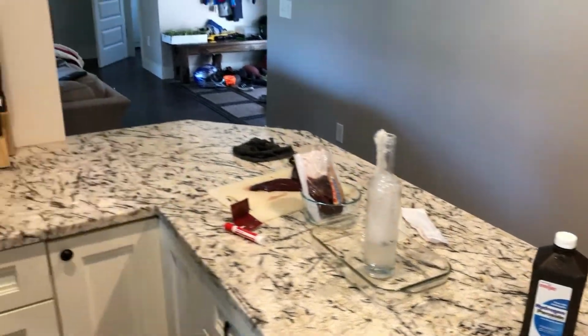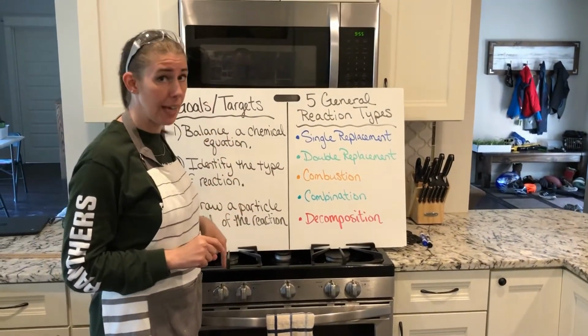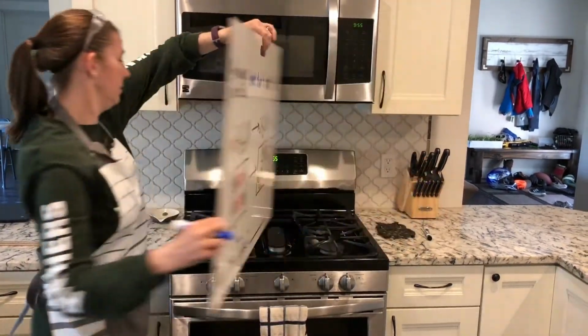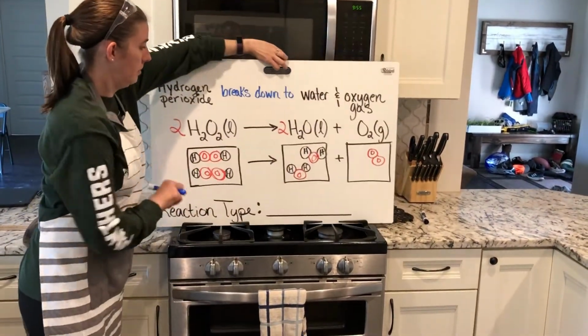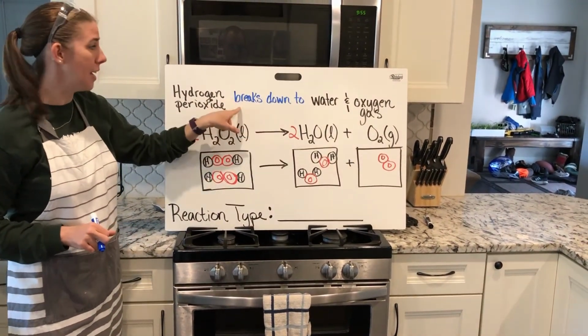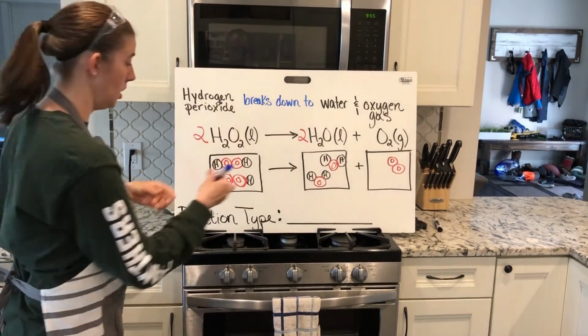Okay, last thing that we were doing, we were picking a reaction type. And if you pick decomposition, you are right. Hydrogen peroxide decomposes. I could have said decomposes instead of breaks down. That is our reaction type.